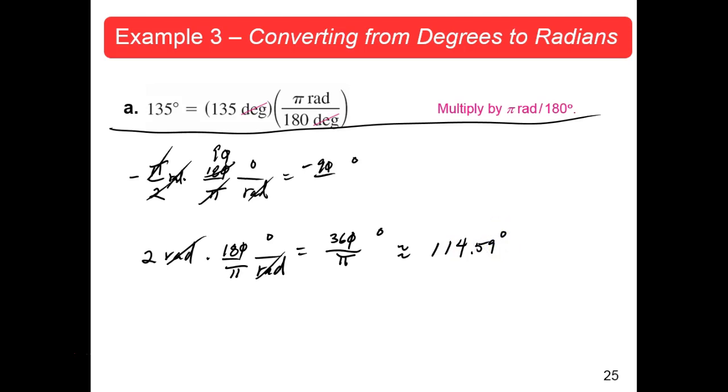It's 360 divided by the pi key. Now, remember what I said earlier, that 1 radian was about 60 degrees, a little bit less. Well, 2 radians would be a little bit less than 120 degrees. And sure enough, it's close to 115 degrees, so a little bit less. So at least that makes sense.